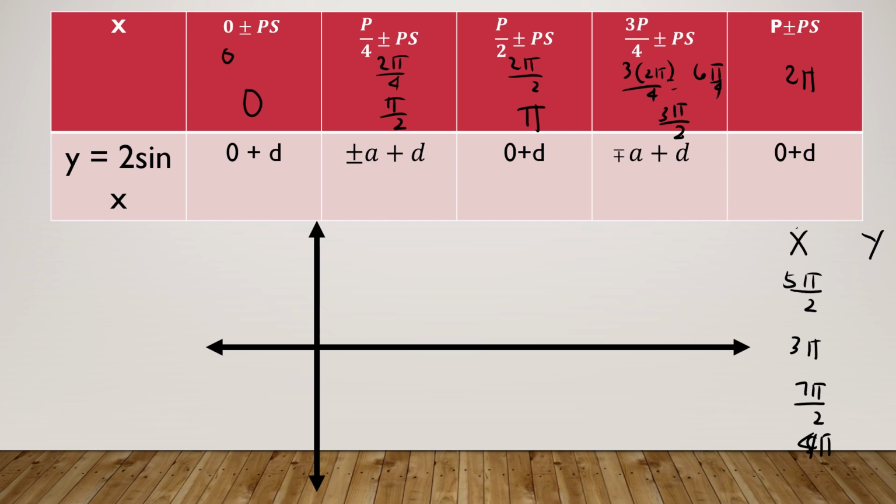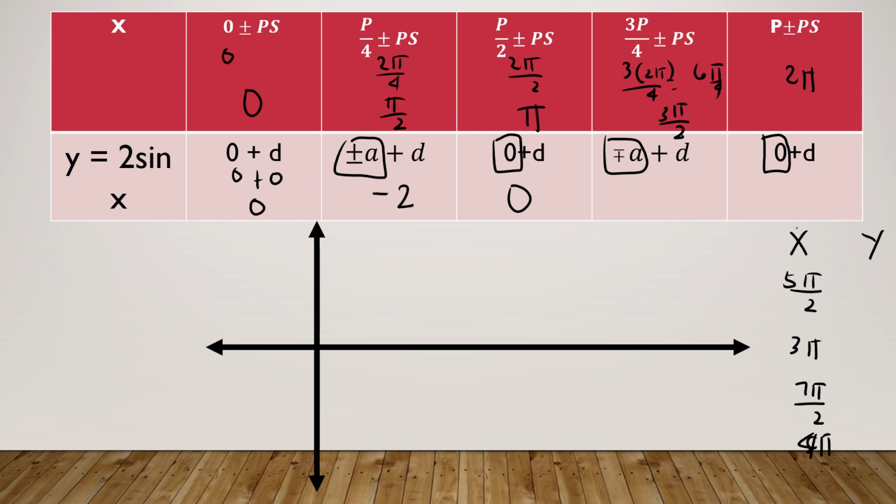After that, we're going to get the values of y. We're going to apply this. So 0 plus 0 is 0. Therefore, we're going to have 0. Since this is equal to 0, we will just simply use the first one, which is this one. Since our value of a is negative 2, we're going to start with negative. So we have negative 2, 0.